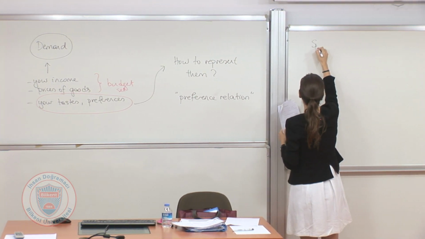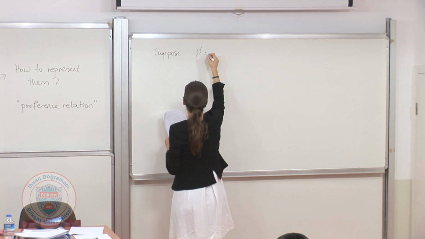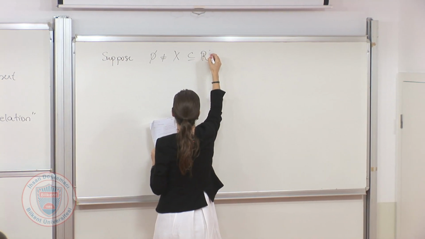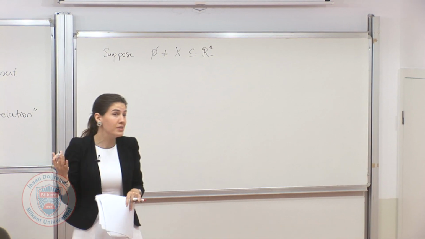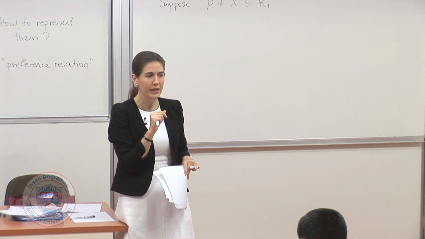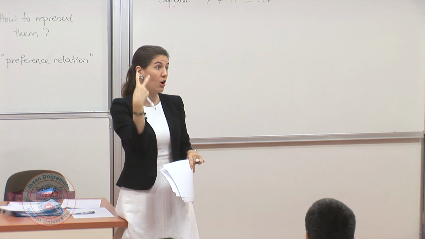First, suppose we have this set X, which is a subset of R^n_+. You're going to see n could be 2, which would mean we have bundles of goods consisting of 2 goods.